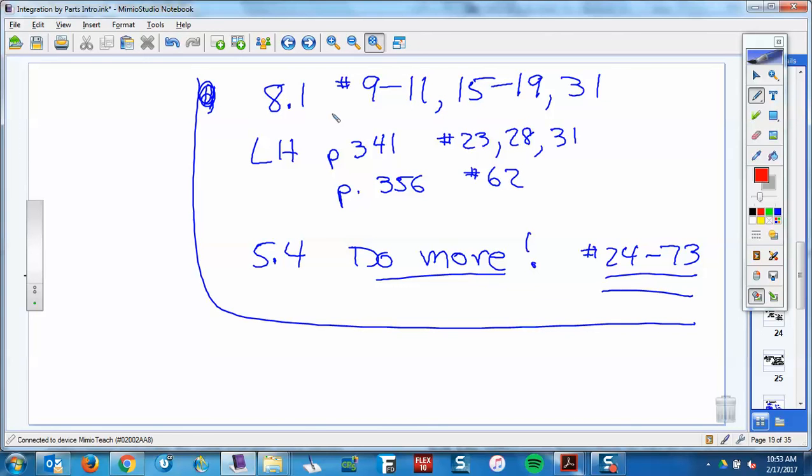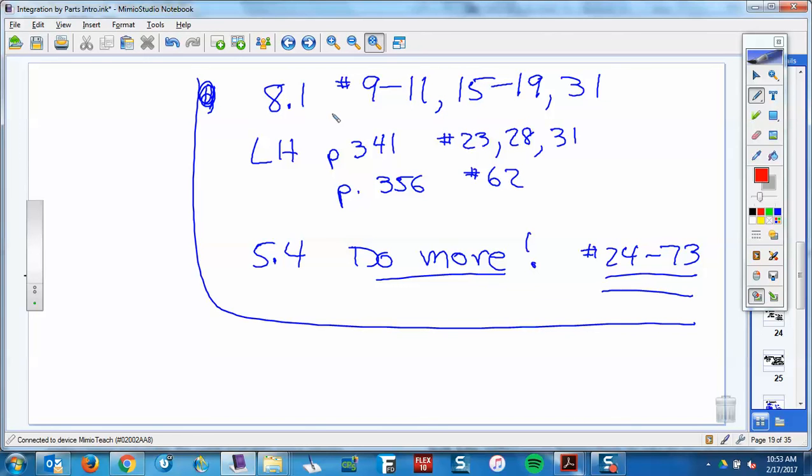Most calc 1 classes do integration by parts probably, but sometimes it's safer in calc 2. Then we're going to be getting into applications of integrals, and usually in calc classes they do just more basic antiderivatives with those, and then they get into the harder partial fractions, trig substitution. They save that for later. So that's why this is in chapter 8, so we kind of jumped to chapter 8 for this one section.